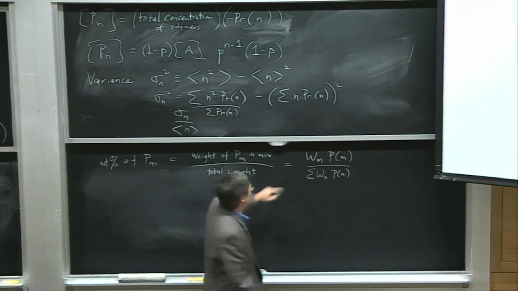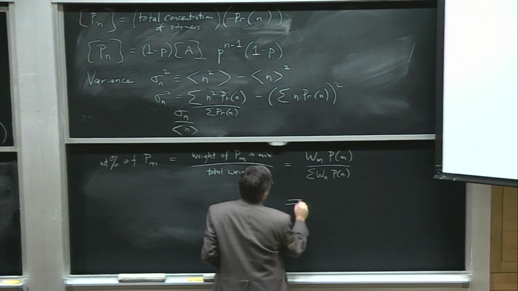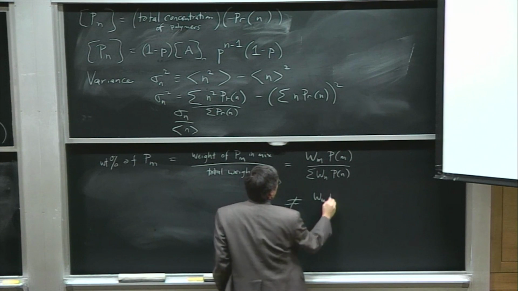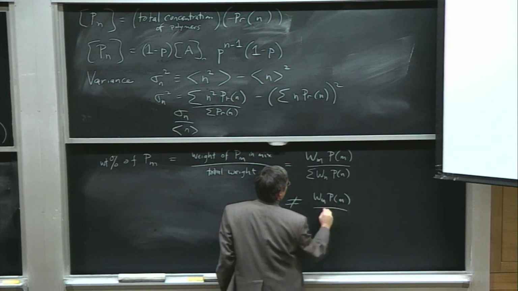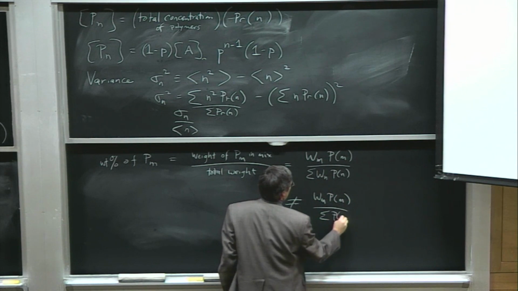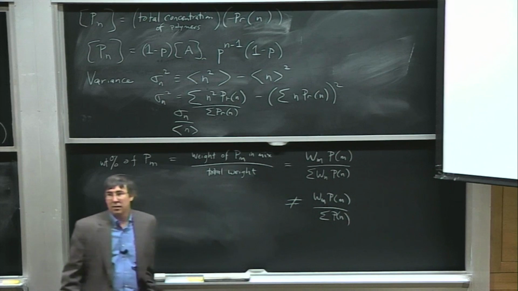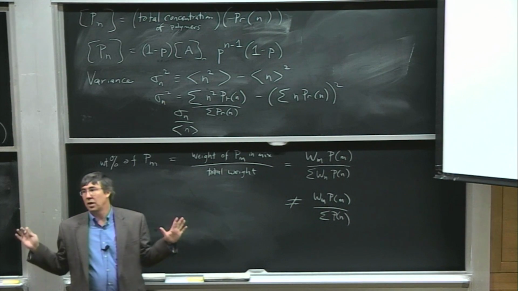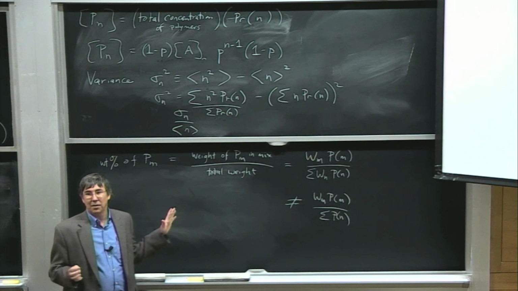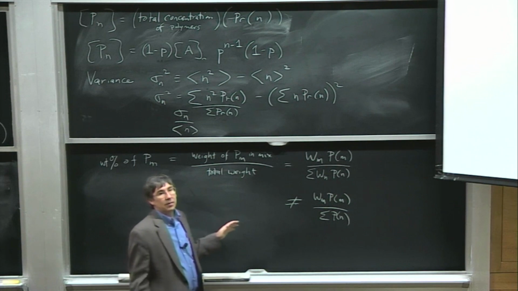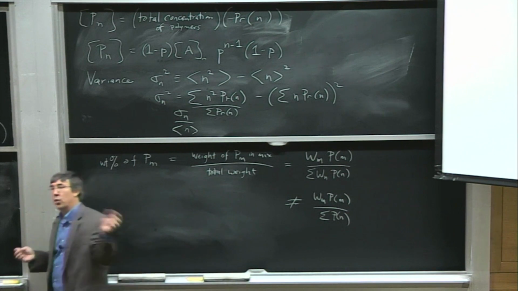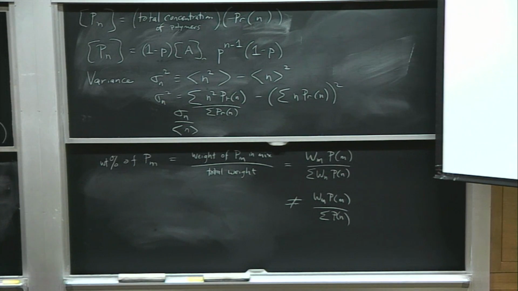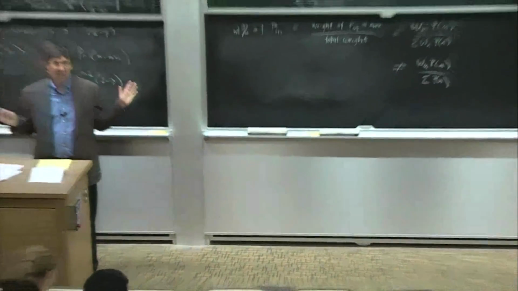This is not the same as, not equal to, right? It's not the same thing. So just watch out when you do this. And in fact, in the polymer world, they always have to say, I did weight average, I did number average, because they're different. Is this okay? Yeah.